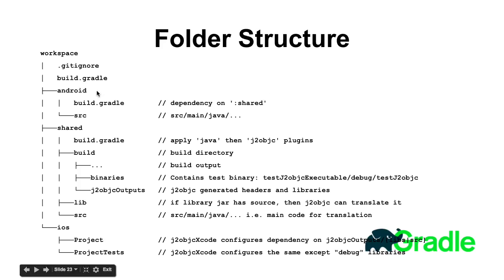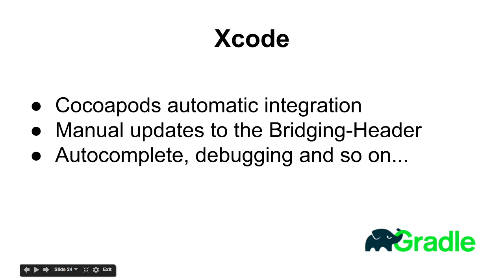So you don't need to go into all of this detail, but the point is that you have an Android project, the shared project, which has as much code as possible, and then the Android and iOS projects both depend on that shared one. The way it integrates with Xcode is using CocoaPods.